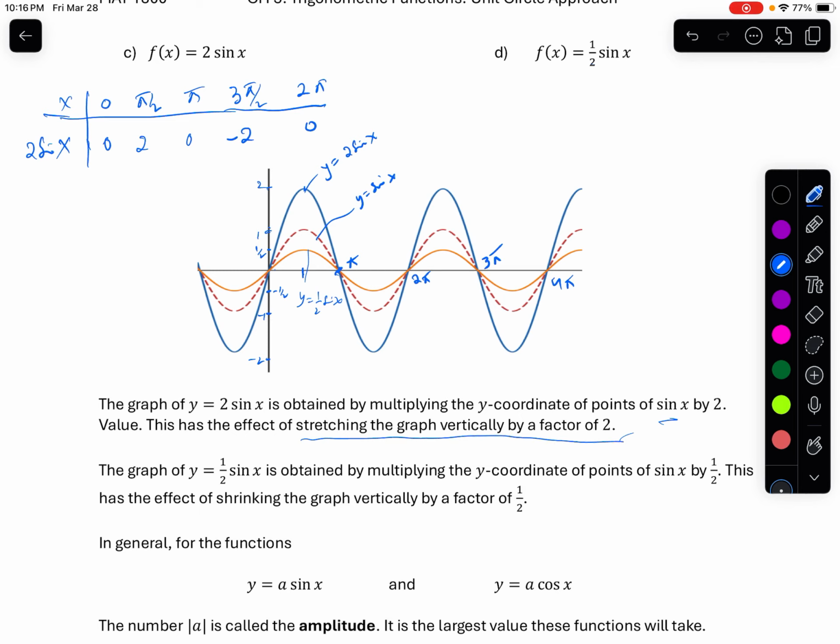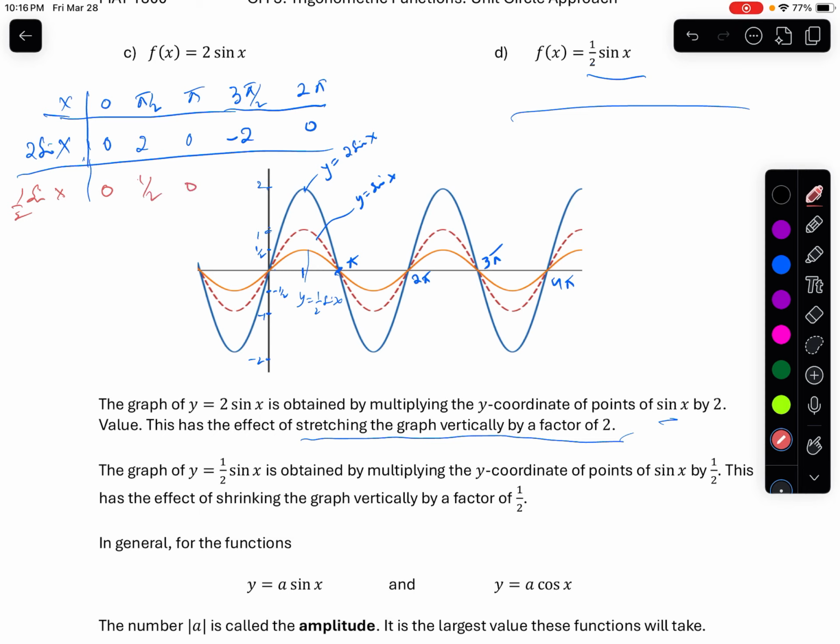And in the second case, the orange function, which is 1/2 sine x, how do we obtain the value of this one? Well, let me write it over here. For 1/2 sine x, what will we do? We multiply the value of sine x by 1/2. So when it was 1, it becomes now 1/2.